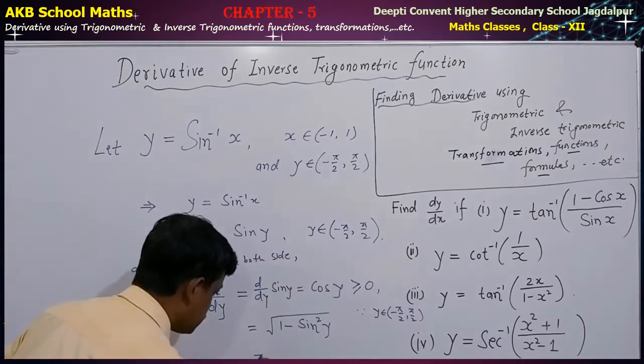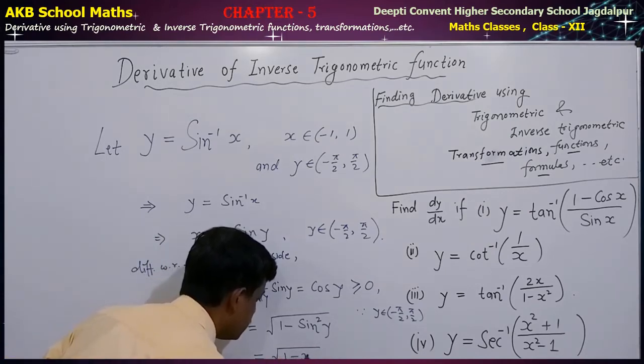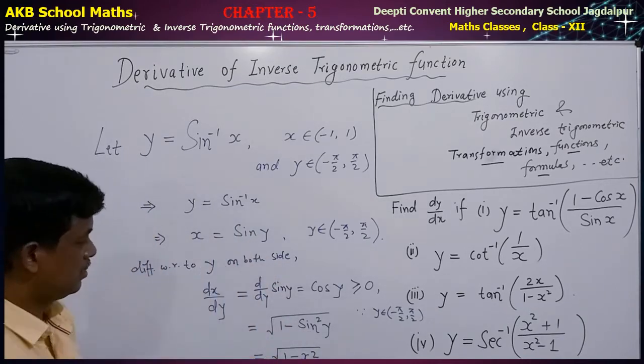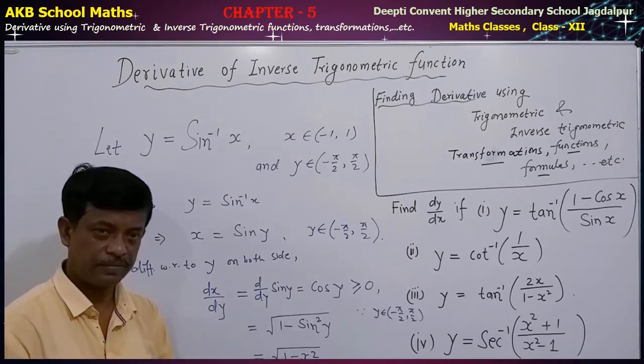So this equals root of 1 minus x square, because sin y equals x. So dx by dy equals root over 1 minus x square.